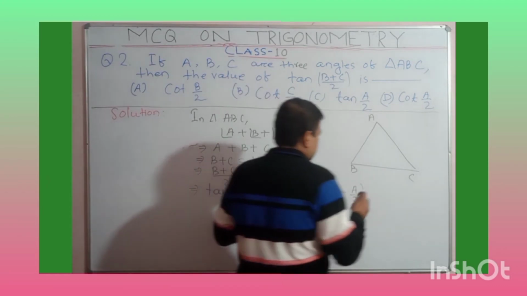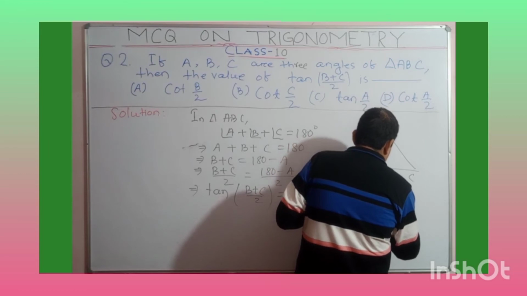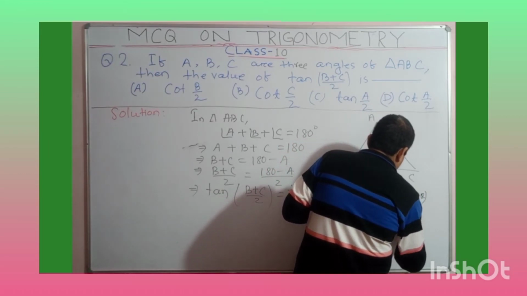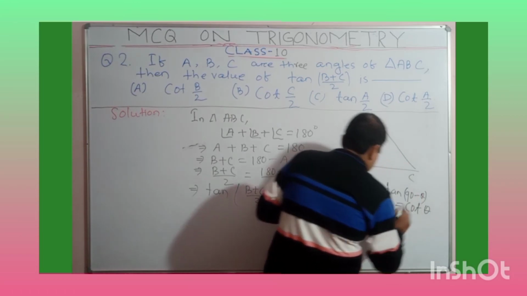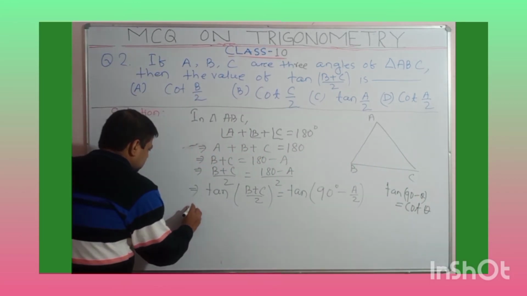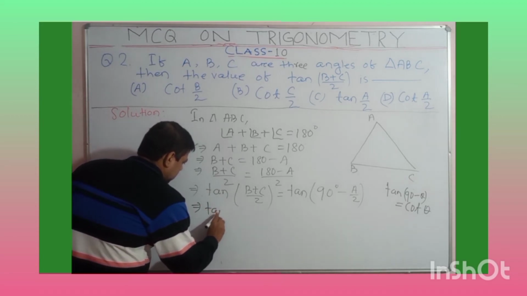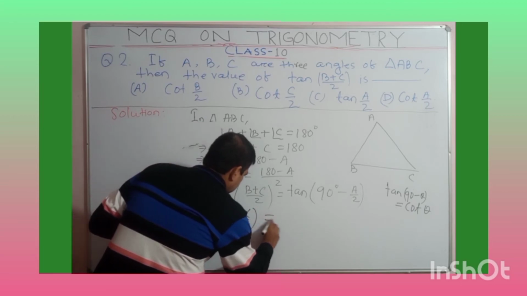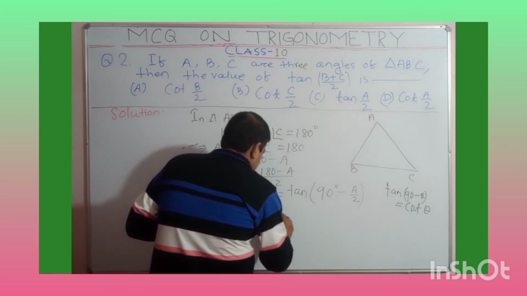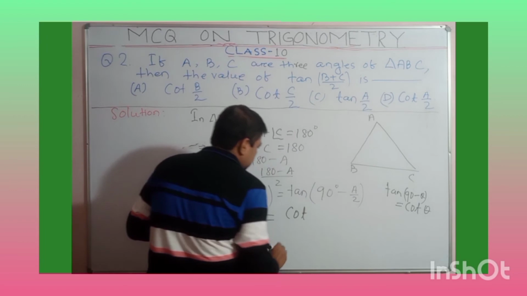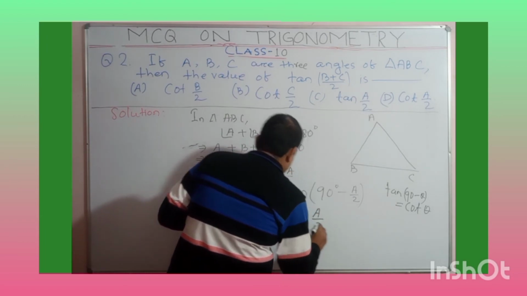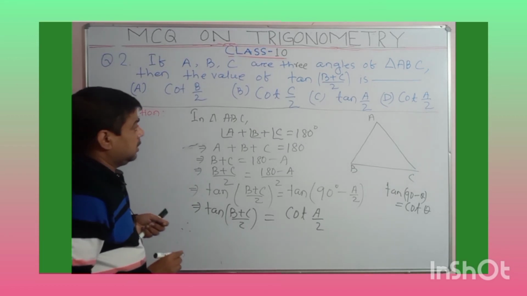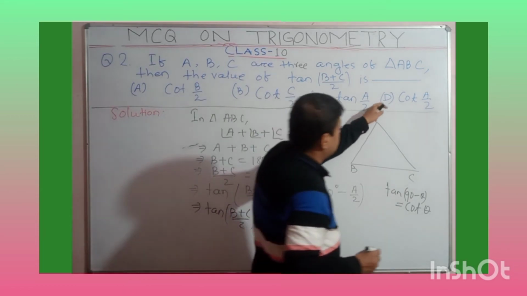All of you know tan(90 minus theta), what is the value? We know it is cot theta. So that implies tan of (B plus C) upon 2 is equal to cot of A upon 2. Understand? Hence we got, which is the correct option? Cot A upon 2, D is the correct option here.